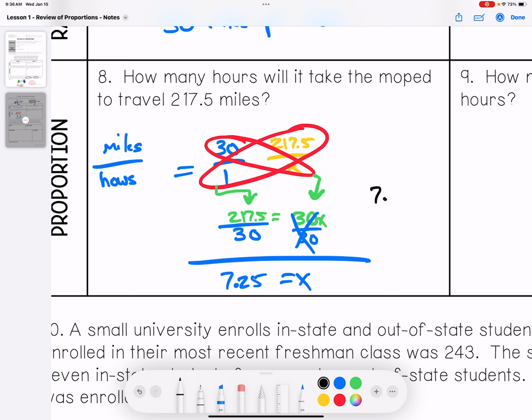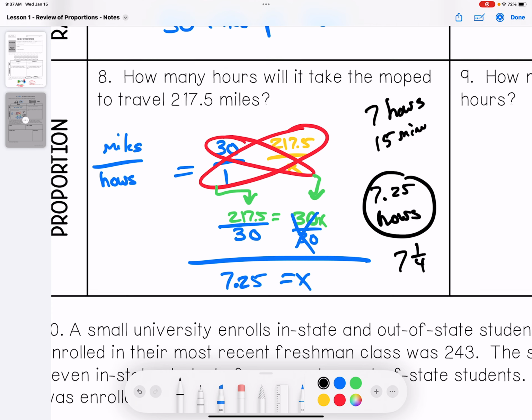So 7.25 hours. If you're good with math, it's 7 hours and 1/4. 1/4 of 60 is 15, so 7 hours and 15 minutes. I would have taken 7.25, but I also would have taken 7 hours and 15 minutes.